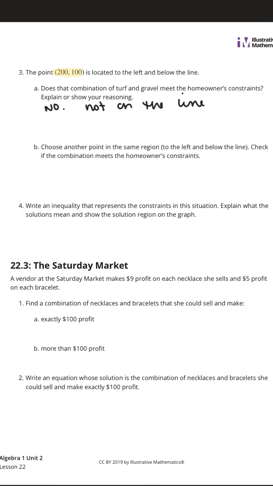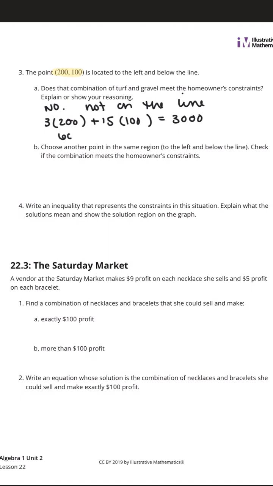If we chose any other point over there, we would end up with a combination that costs less than her $3,000 budget. And we can see that if we plug in our 200 square feet of gravel, our 100 square feet of turf, this is not going to equal $3,000.